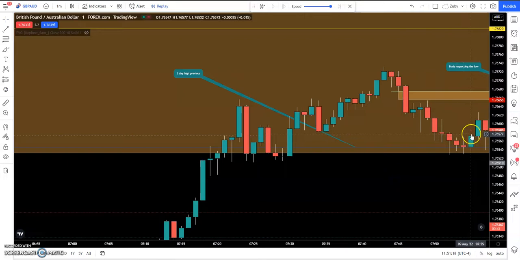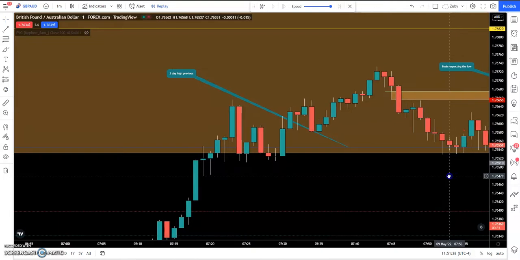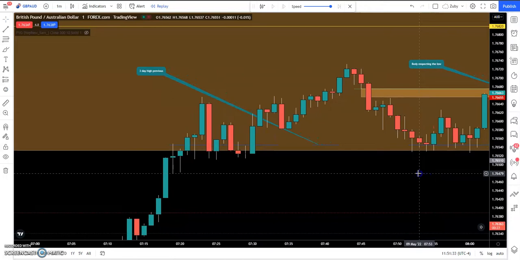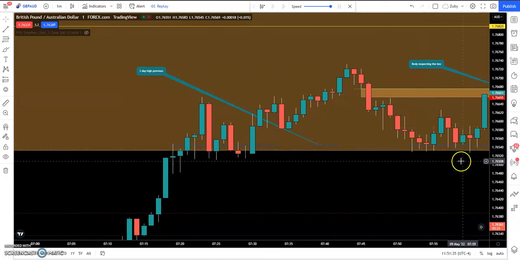I had entered here, just as I thought, which was probably a mistake. If I hover over there, I entered at that price, but as I understood, it should come back up to the fair value gap, which is right there.